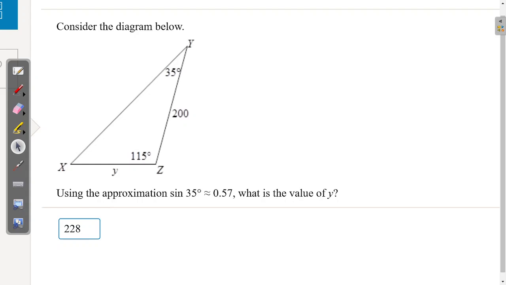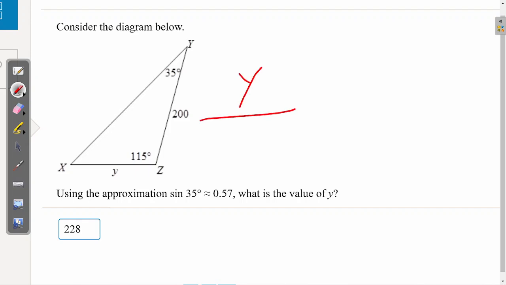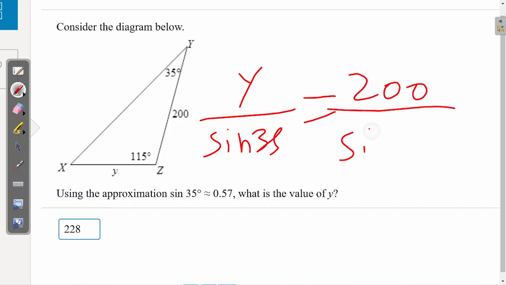Okay, again sine rule. You want to find y, so y over sine 35 equals... what side do we have? 200 over sine x, right? But you don't have it.